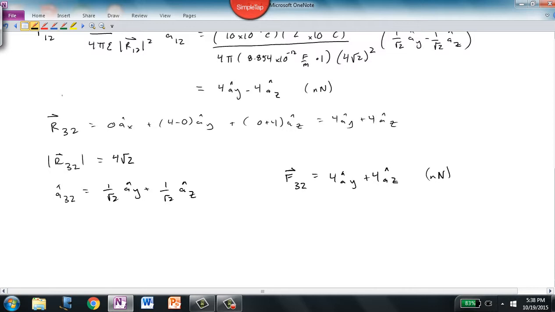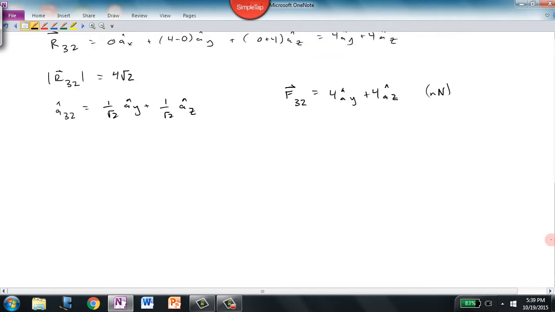I know I skipped a lot of steps, but it's exactly the same method as I showed above, so I don't want to waste either of our time. The next important step is that we have to apply the law of superposition to determine the total force. So total force is just F12 plus F32. We just do vector addition.